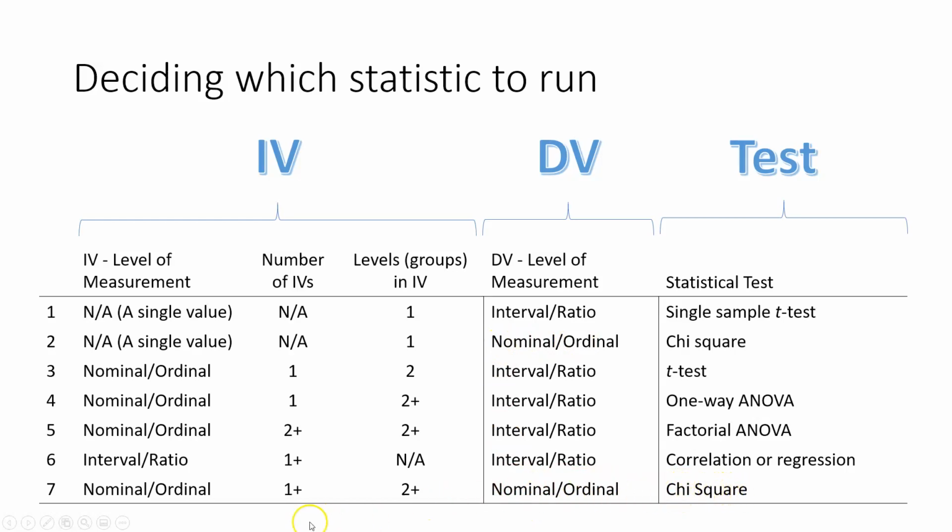Now in this situation, remember your independent variable, unlike before when we saw that it was a single value, here it's a nominal or ordinal variable. So you could say, do the percentage of males in each major differ across multiple groups of different kinds of majors?